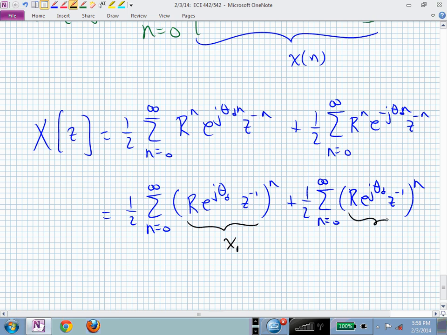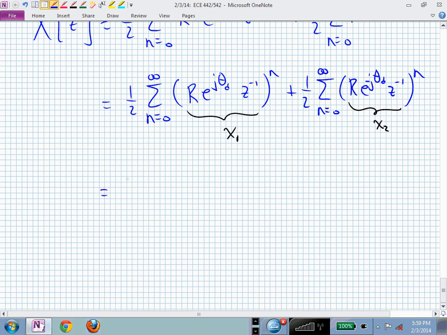Why don't I just call those two different pieces an x sub 1 and an x sub 2? Yes, I did drop a negative sign. I'm just making sure you guys are with me here. Is that okay? Yeah, this is late in the day. Can't use that excuse on an exam either, so don't try.